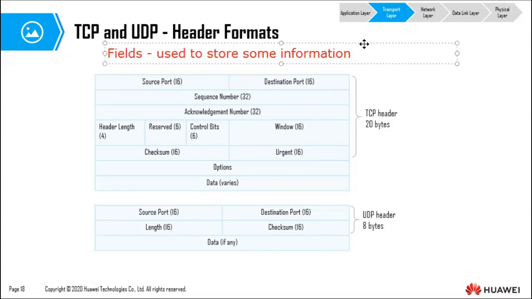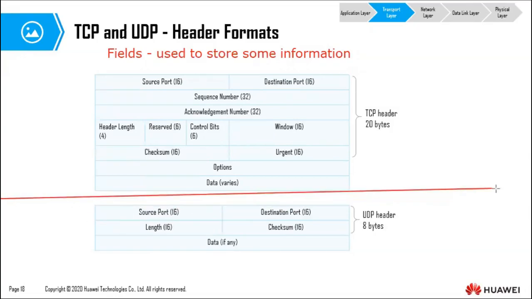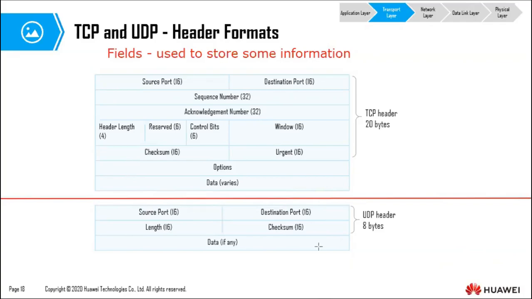Now, each protocol will have several fields. For example, here, let's separate these two. Above here, we have the TCP header.